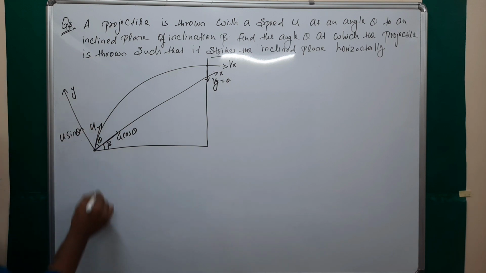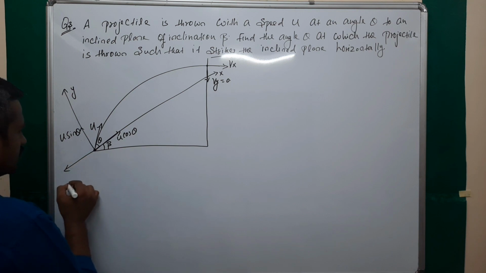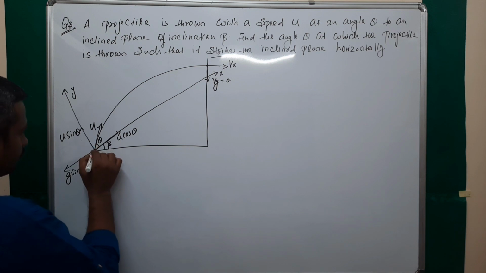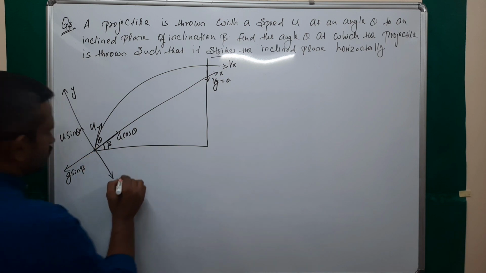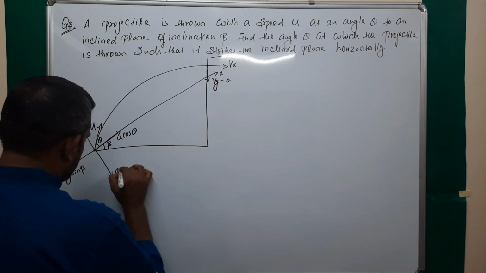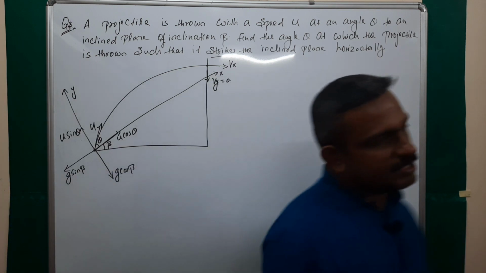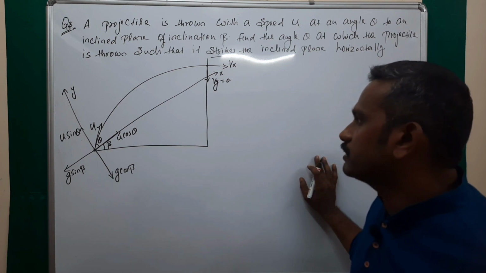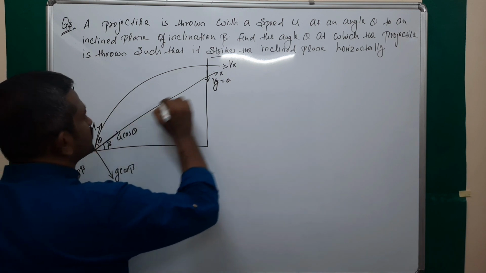The acceleration along the plane is g sin beta, and the acceleration perpendicular to it is g cos beta. These are the different components of the projectile, which we discussed in the first session.